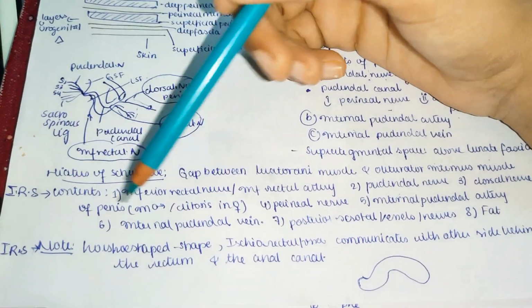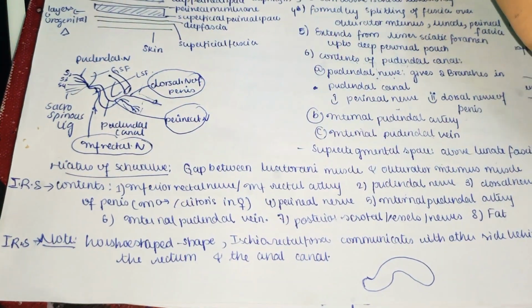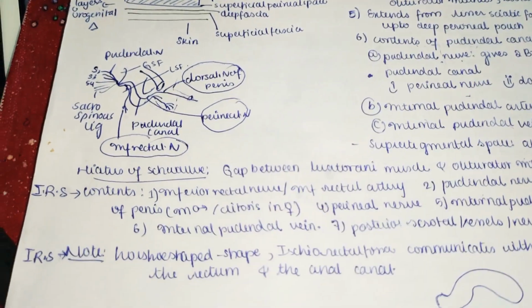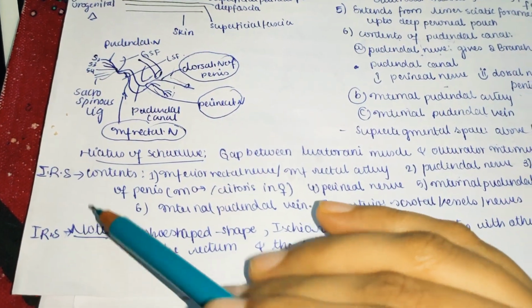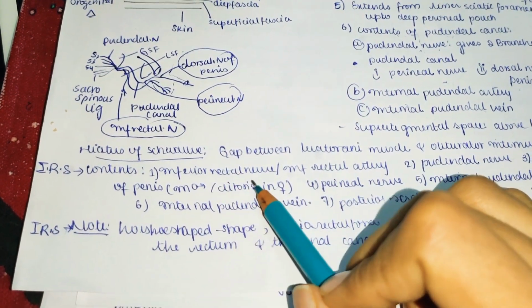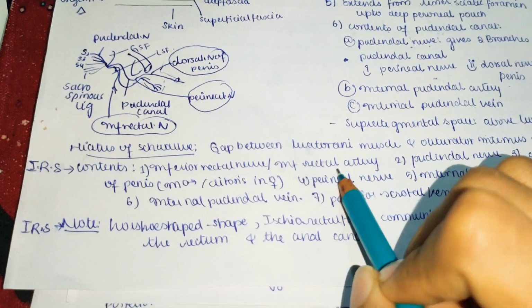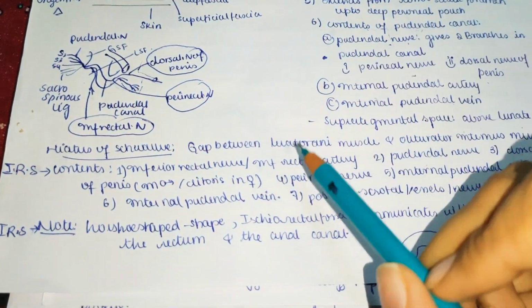So now coming to IRS. IRS means ischiorectal space or fossa. Space or fossa, you can put it any name. So ischiorectal space contains, what are present in it? There is inferior rectal nerve and inferior rectal artery.